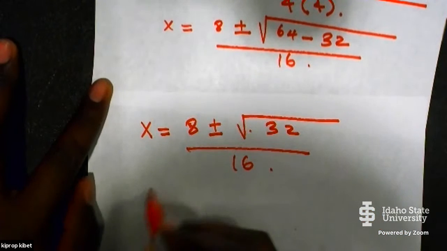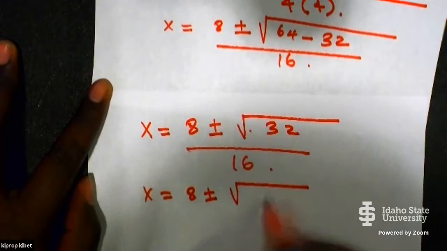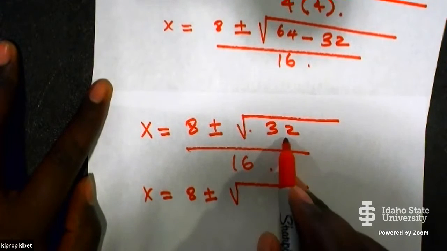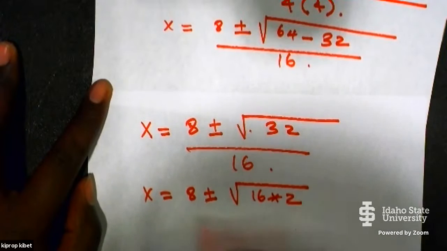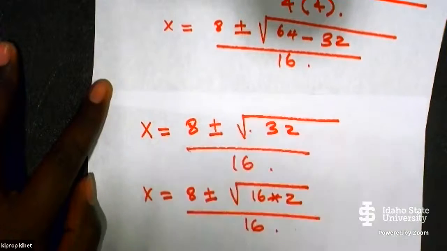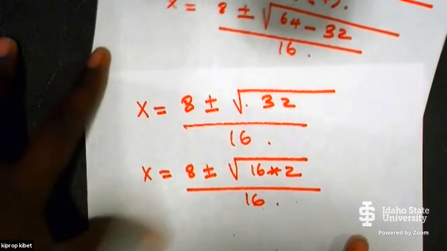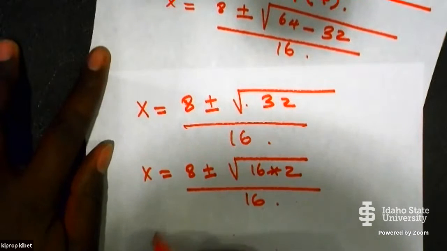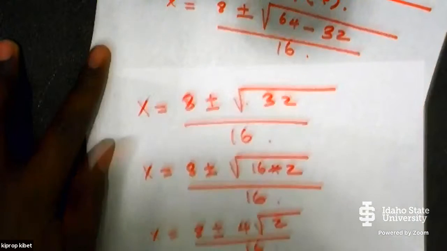So again, x equals 8 plus or minus the square root of 16 times 2, all over 16. Then finally, x equals 8 plus or minus 4 times the square root of 2, all over 16.